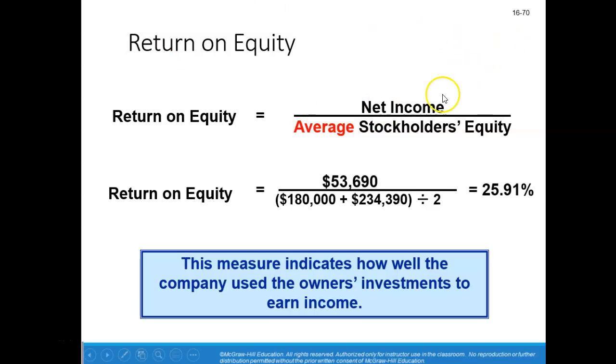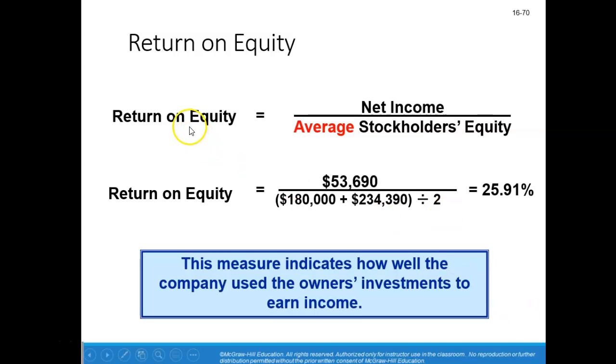We're saying, how are those funds used to earn net income for the corporation? So it's net income divided by the average stockholders' equity. Average means beginning equity plus ending equity, divided by 2.